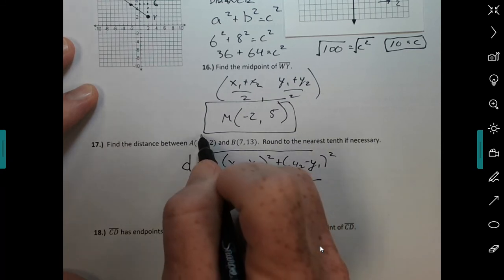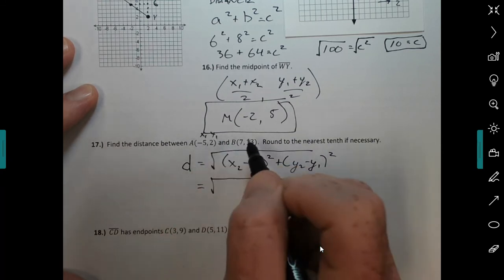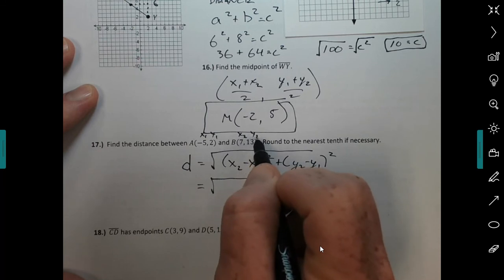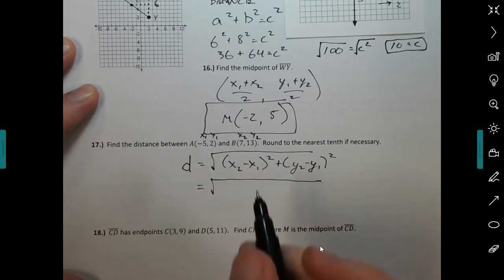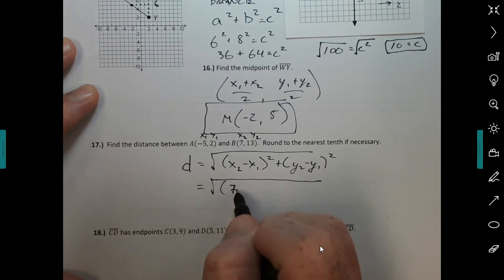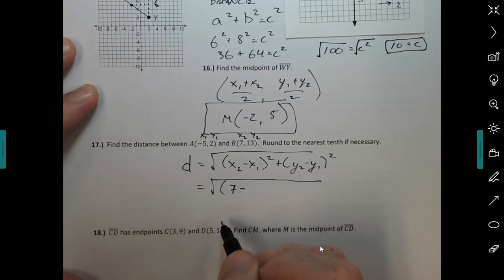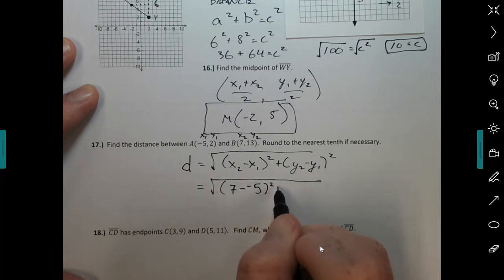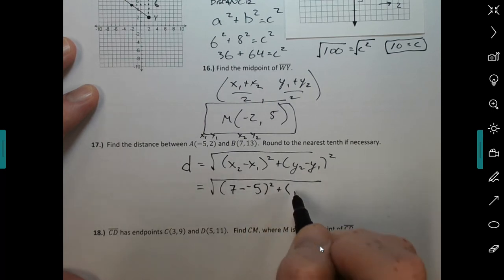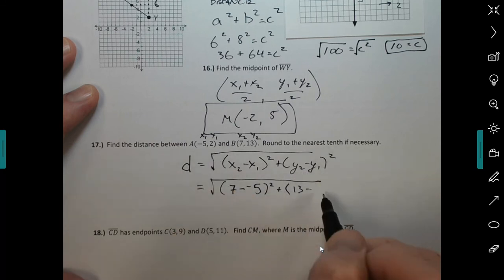So I'm going to call this my first x and my first y. We'll call this one my second x, second y. It doesn't matter. You can actually switch those. Okay? But x2, 7, minus x1 is a -5. y2 is 13. y1 is 2.